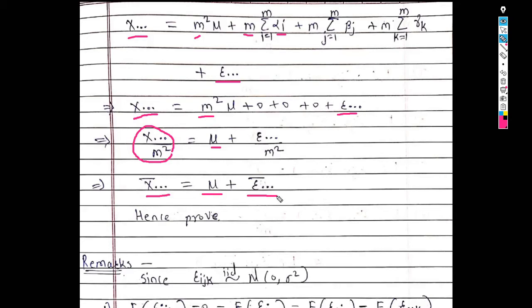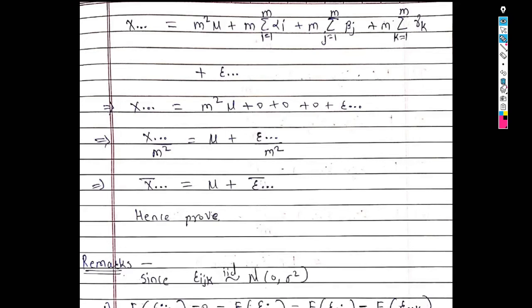So in this way we prove our last statement. We use these formulas to find variance of least square estimators.